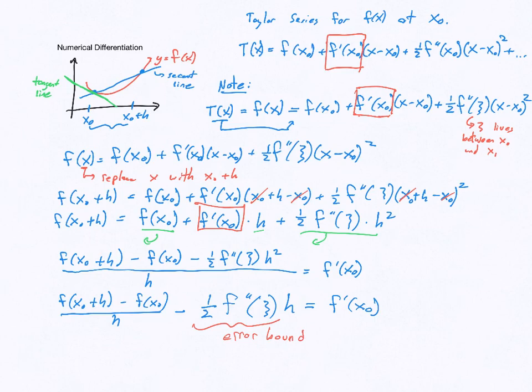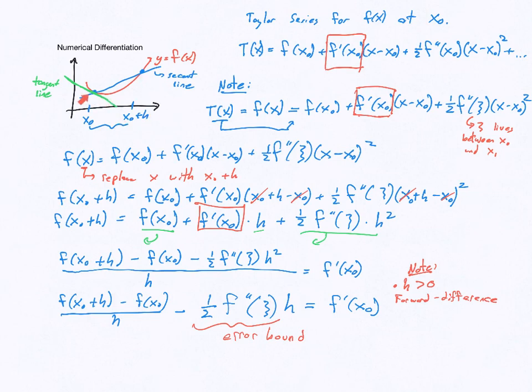And also note, I should put this over here on the side, that we have different ways of calling these things. So if h is bigger than 0, then that's called a forward difference, because we're going forward, just like here in the picture. So if you go back and look at this original picture, here we have x naught, and we're going to x naught plus h.